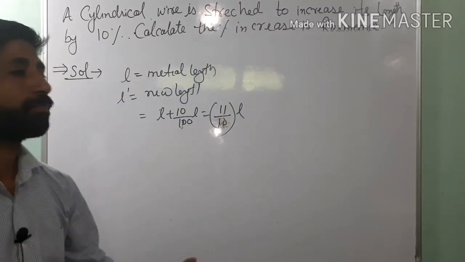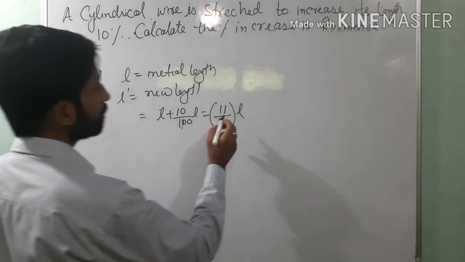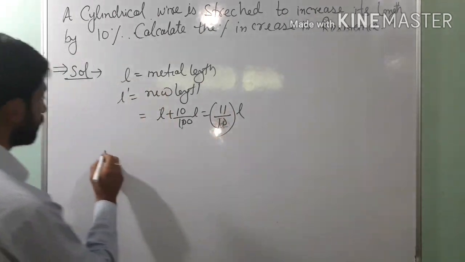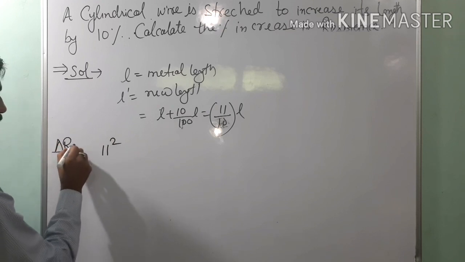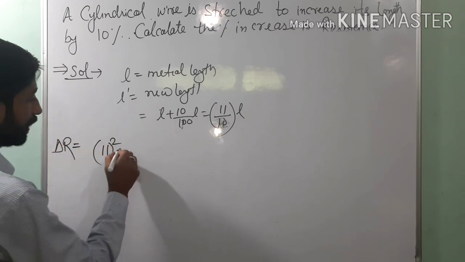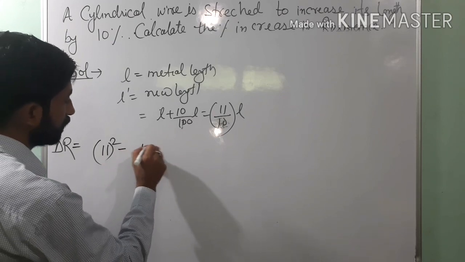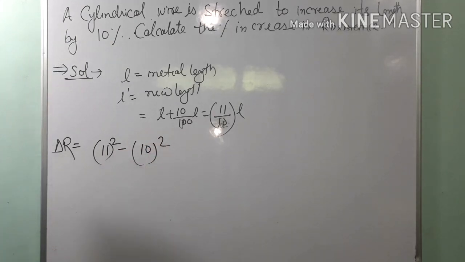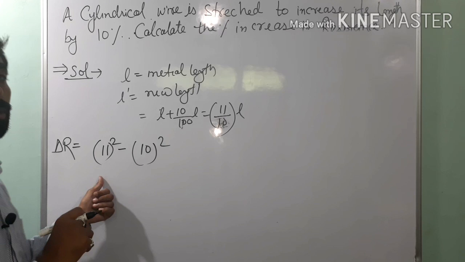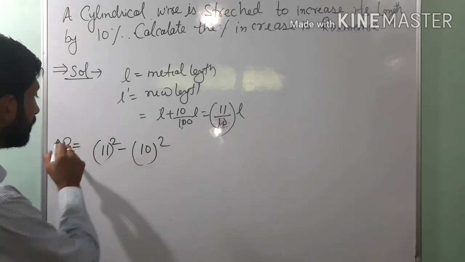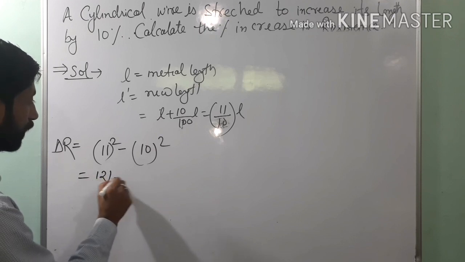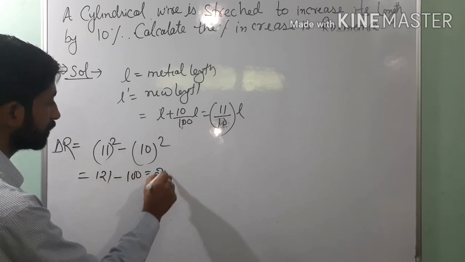We simply do 11 square minus 10 square. That is going to give you the change in resistance, 121 minus 100, that is 21.